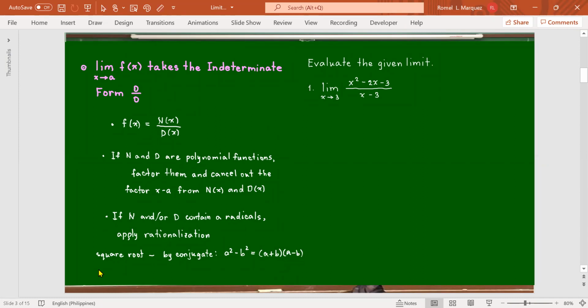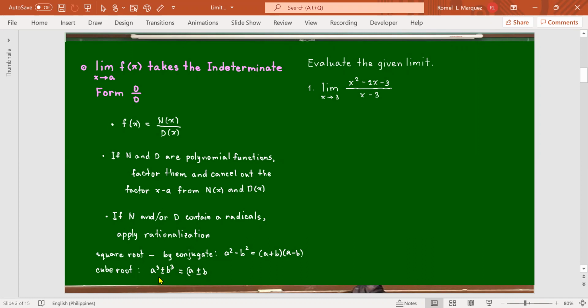What about if you have, let's say, involving cube root? So you apply what? We have a cubed minus b cubed. This is for plus or minus, no? So it is a plus or minus b.